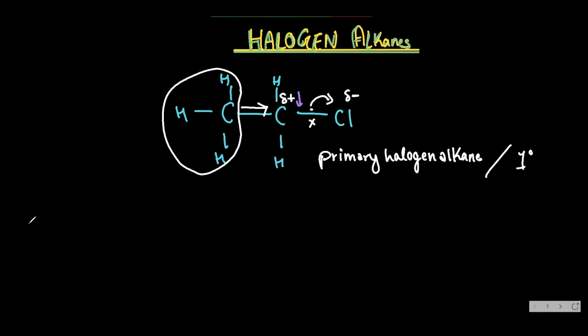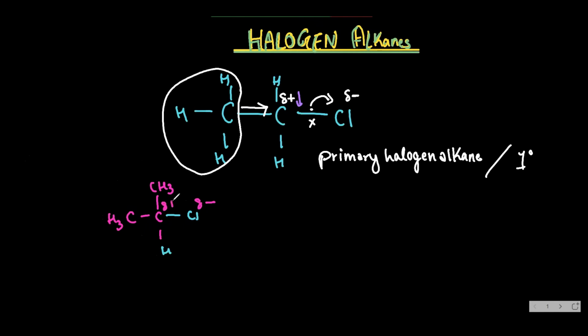Now, if you have two hydrogen atoms being replaced, for instance, you had something like 2-chloropropane. In this case, you have a carbon with a halogen.